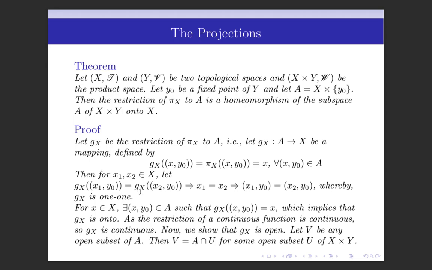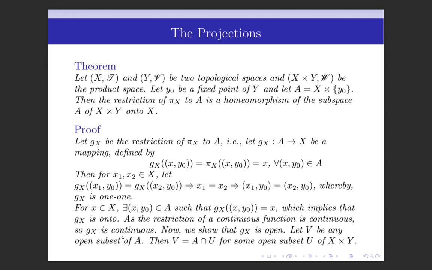Then we shall prove that g_X is onto. So take some element of the codomain. Suppose x belongs to X. Then there exists (x, y₀) in A such that g_X(x, y₀) = x by definition of g_X, which implies that g_X is onto.